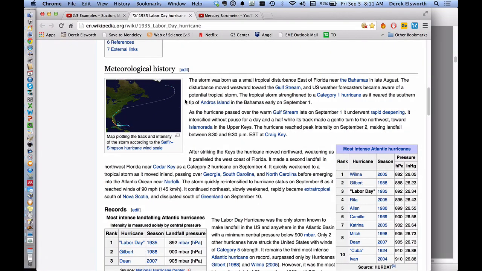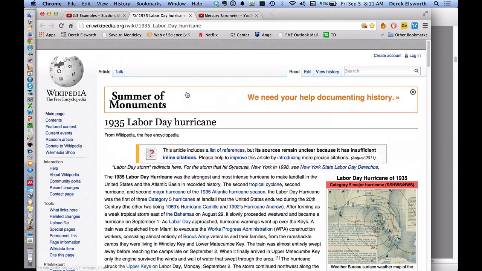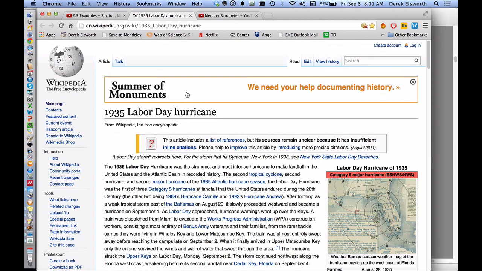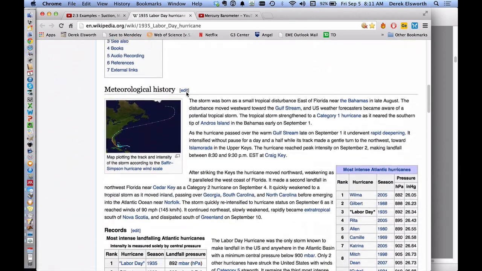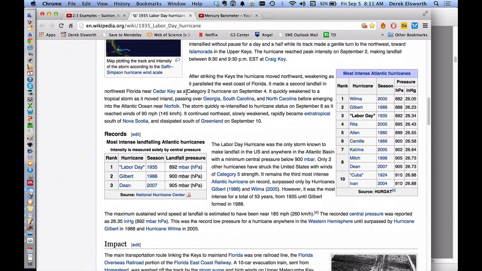So this is just a wiki page on the Labor Day hurricane in 1935, quite topical for us since Labor Day has just passed.